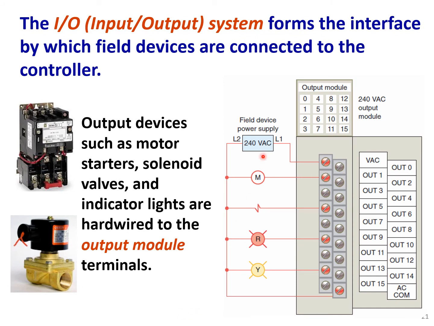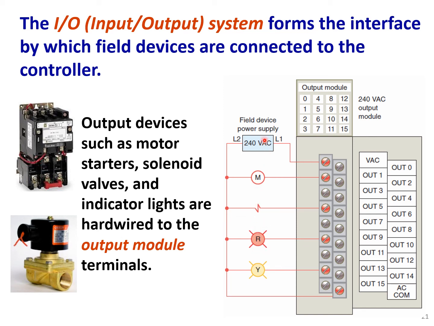Here we have the output module, and again we connect output devices such as motor starters, solenoid valves, and indicator lights by wires to the output module terminals. So here, for example, we have a motor, we have pilot lights, and we have a solenoid.